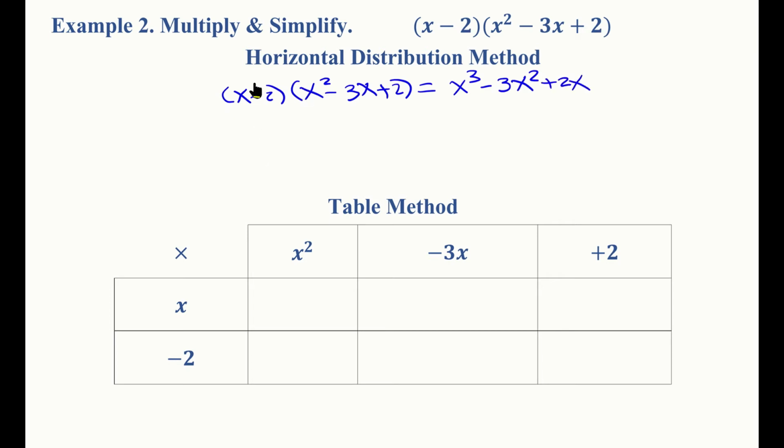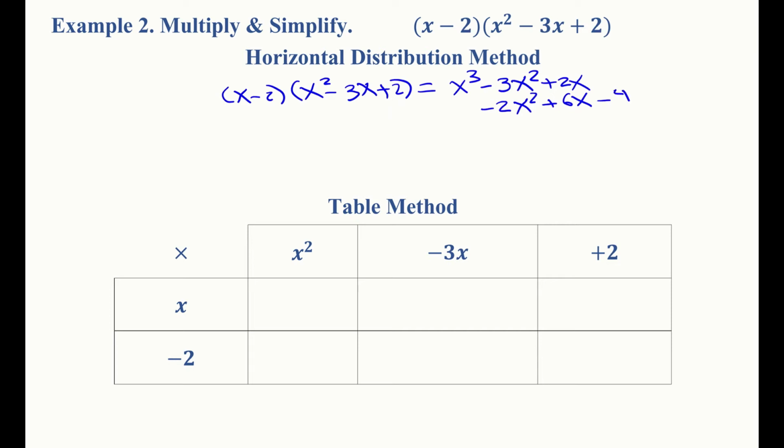So now we're finished distributing the x. Now we're going to distribute the negative 2. So negative 2 times x squared is going to give us negative 2x squared. I could just keep going horizontally, but better yet, why don't I just write it under this so that they're already grouped together, since they're going to be like terms. So we have negative 2x squared, and negative 2 times negative 3x is going to give us positive 6x, and negative 2 times positive 2 will give us negative 4.